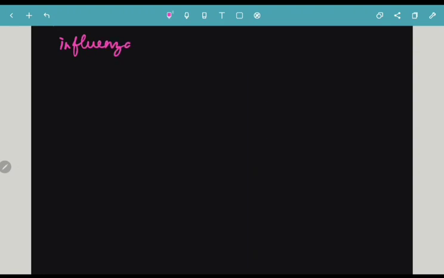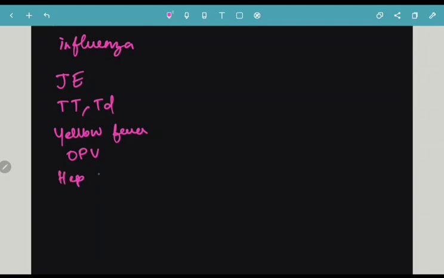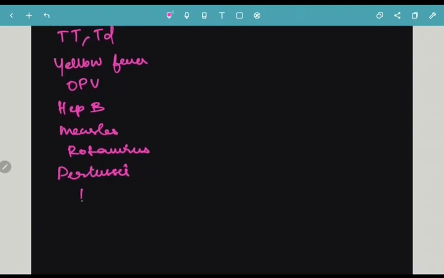I'll first list down the vaccines: influenza vaccine, Japanese encephalitis vaccine, tetanus toxoid or tetanus diphtheria vaccine, yellow fever vaccine, oral polio virus vaccine, hepatitis B, measles, rotavirus, pertussis, BCG, MMR.